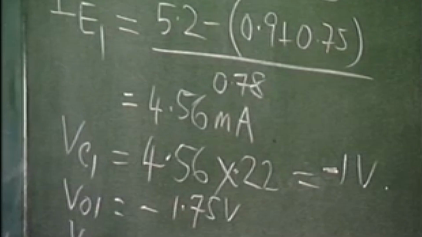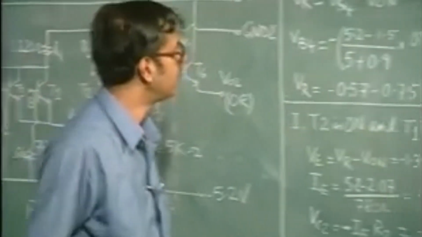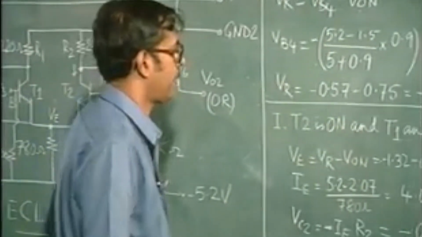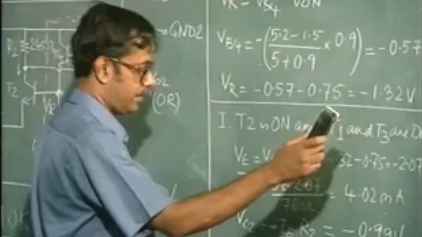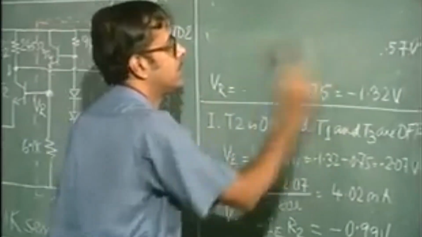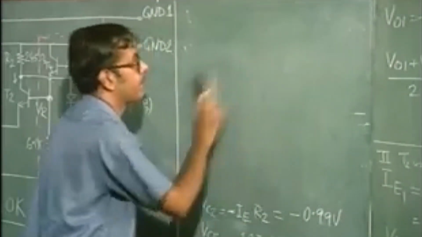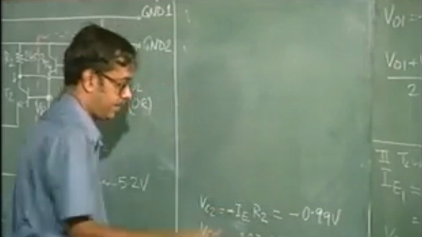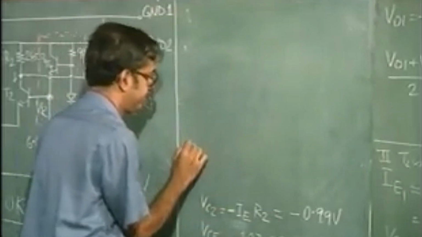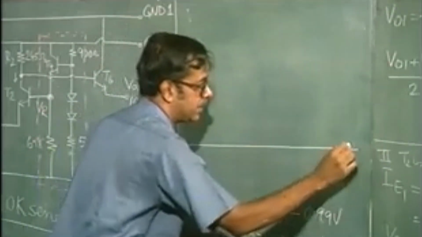Now, can we draw the input output characteristics based on this? So, this is the input scale, say.